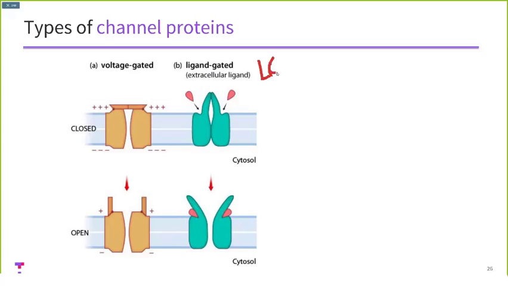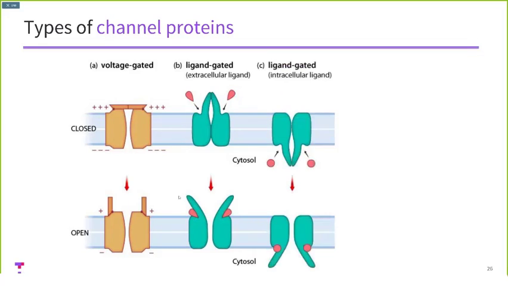These ones are whenever a specific hormone or chemical docks onto its receptor, then that door opens up. Another one you can also have is the ligand-gated channel that opens intracellularly. This one is unique because nothing is happening on the outside, which means something else nearby would occur. And then as a result, on the intracellular side, something can bind to that receptor and cause a change.